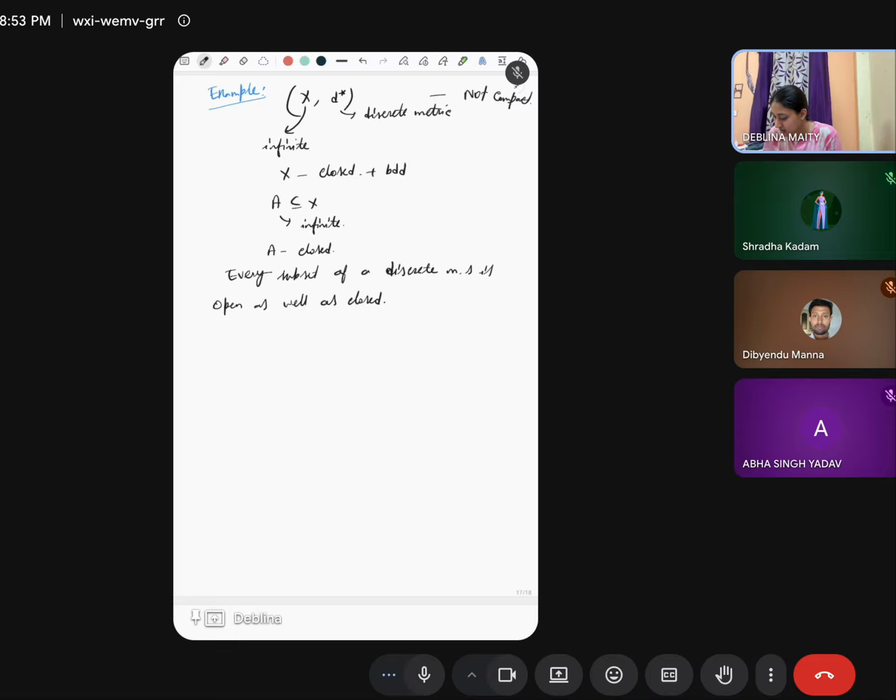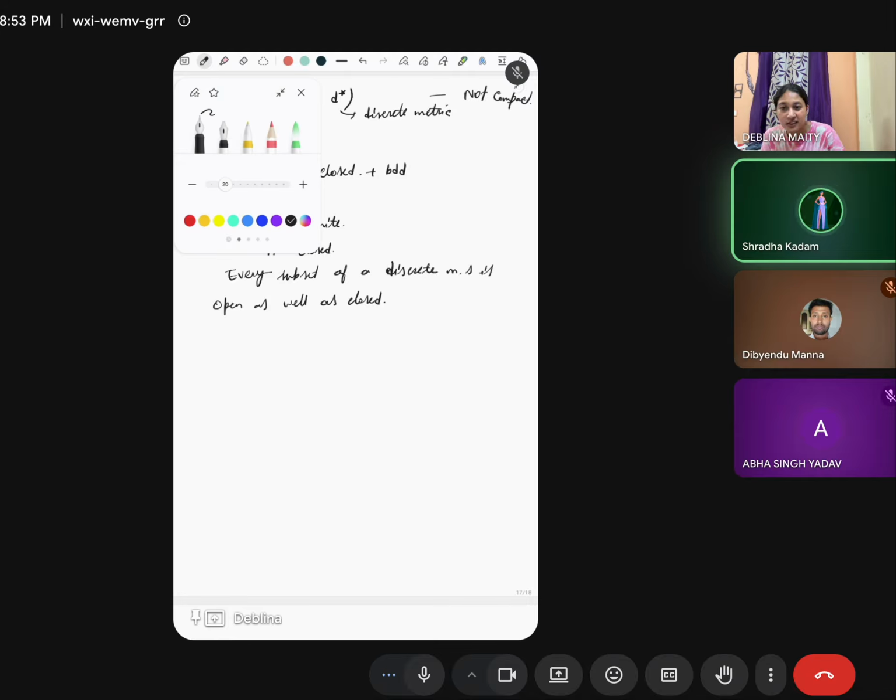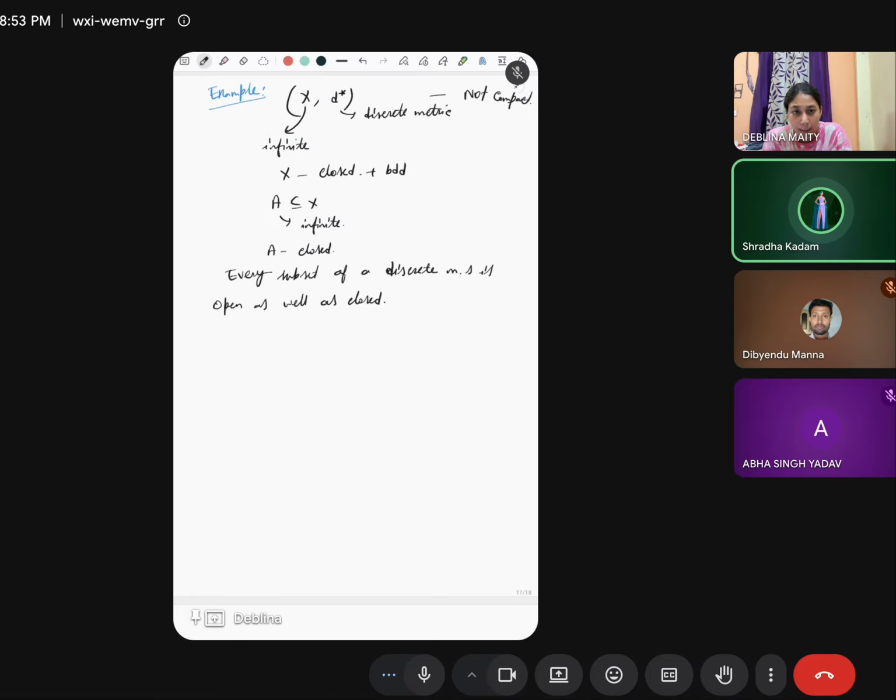Okay, so I am going to write down the theorems. There is a possibility that A is compact. Here, in X with the discrete metric d star, any finite subset is compact.